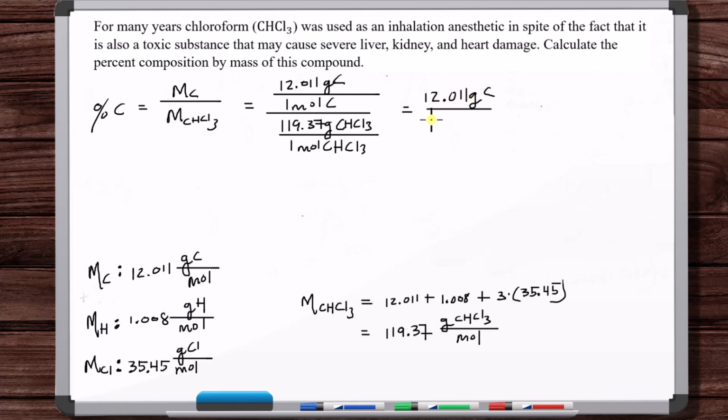All right, so grams of carbon per 1 mole of carbon times, and then 1 mole of CHCl3 per 119 grams CHCl3.